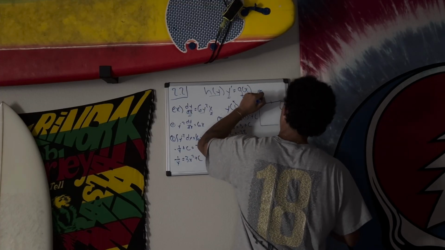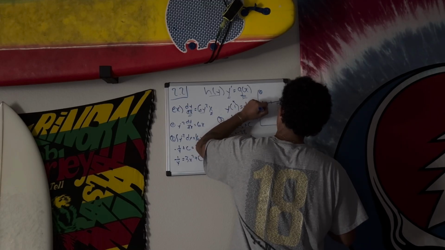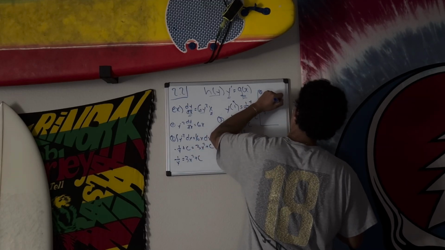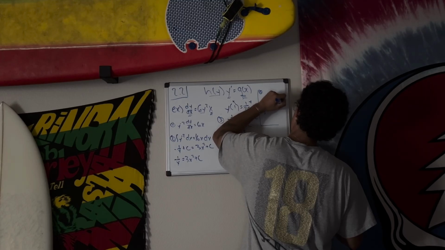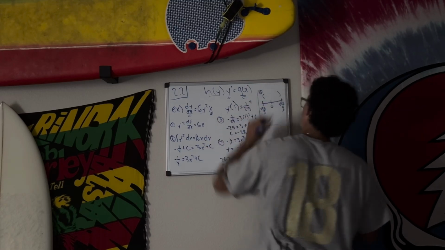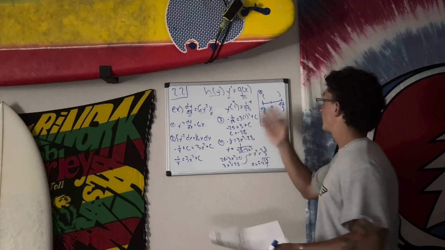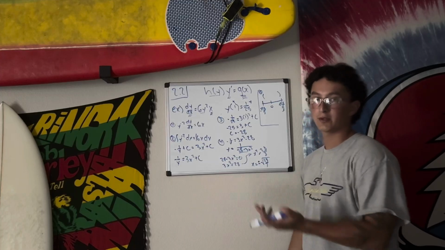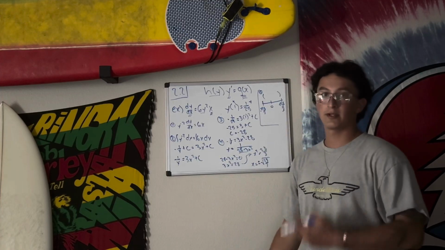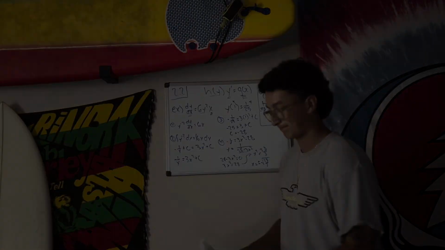On the far left we have negative root 28 over 3, root 28 over 3, 0. And our interval of validity falls within the interval of negative root 28 over 3 to root 28 over 3. And that is how we solve separable equations.